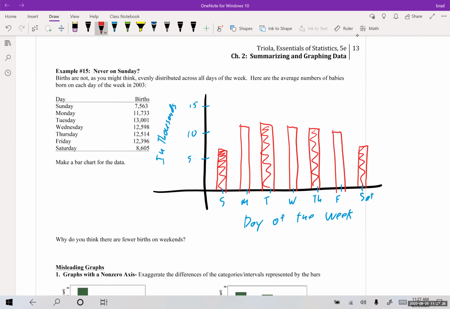So one explanation, one possible reason, could be doctors do not schedule C-sections or induced labor on weekends.